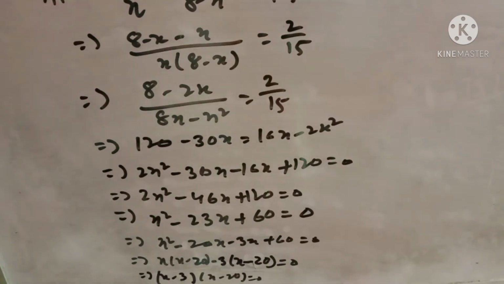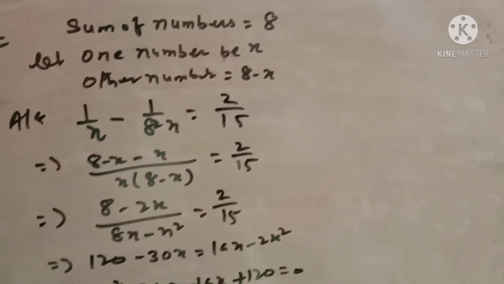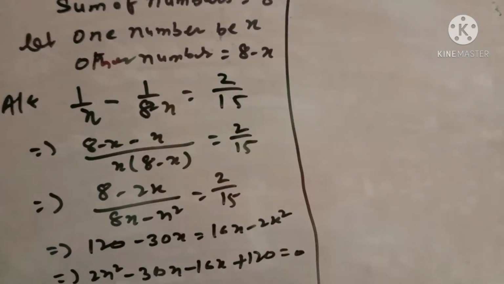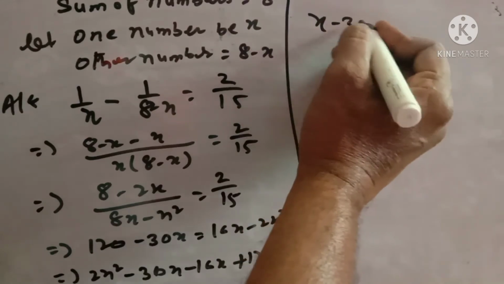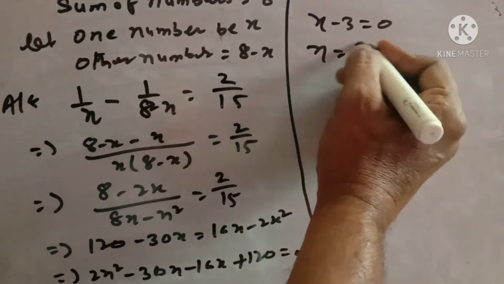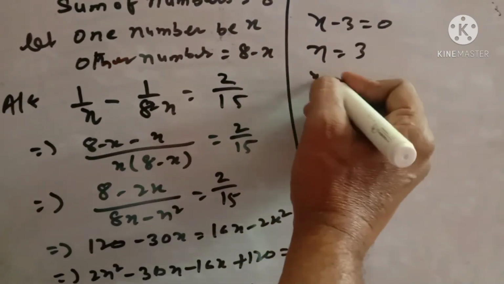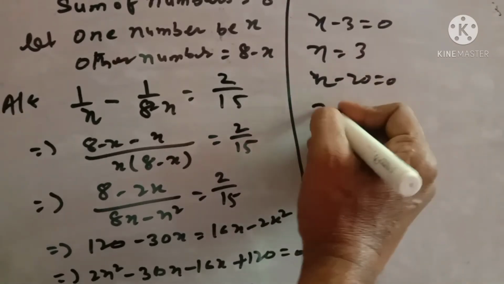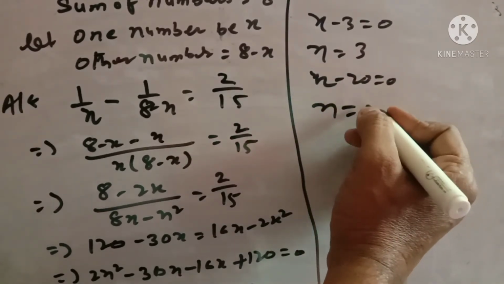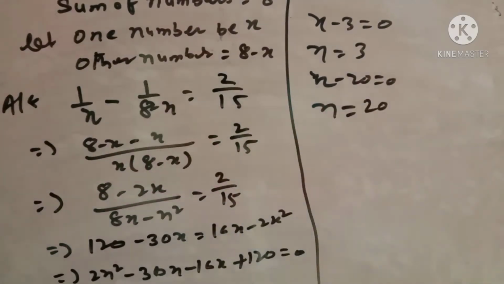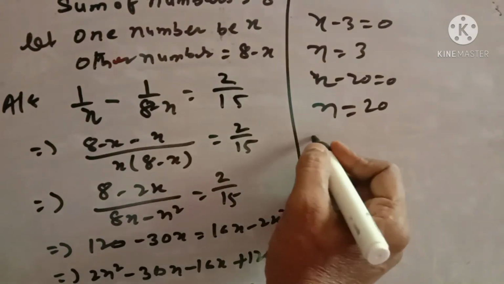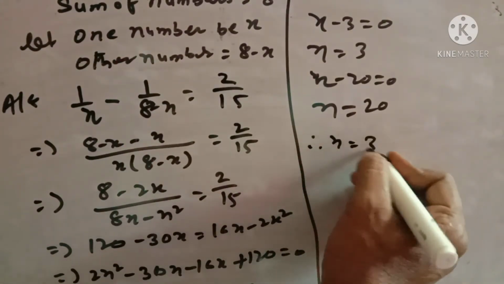Therefore two values will come. When x minus 3 equal to 0, x equal to 3, and when x minus 20 equal to 0, x equal to 20. But x equal to 20 is not possible, since the other number 8 minus 20 cannot be valid. So we have to take x equal to 3.